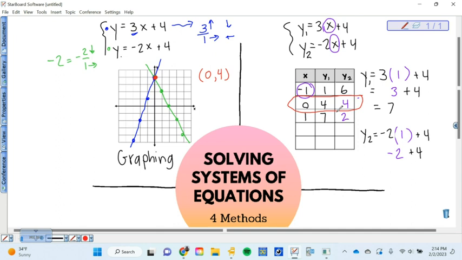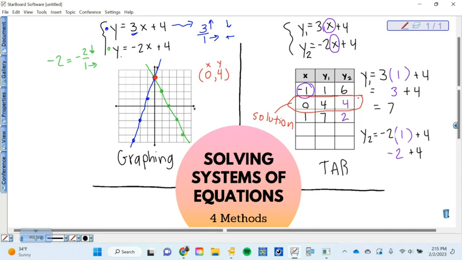When x is 0, both y1 and y2 are 4. So that point, x and y, is my solution, where both equations equal the same thing. Oh, I wrote solution. Okay? All right, so this was solving using a table.